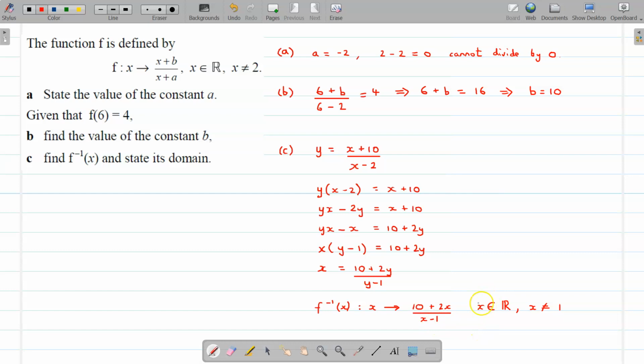So that is the end of that question, and just highlight those answers there. And that's it.